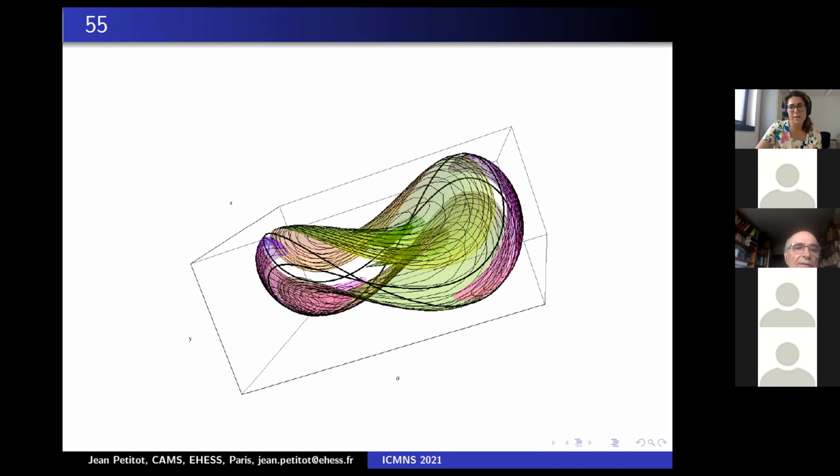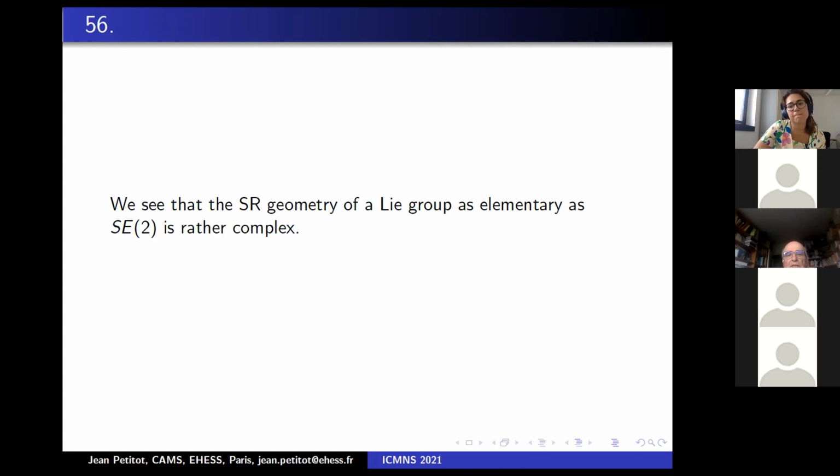Okay, and so we see that the sub-Riemannian geometry of a Lie group as elementary as SE2 is rather complex. And so my conclusion is that we need this type of geometry, contact geometry, sub-Riemannian metrics of contact structure to understand how the visual system is able to do sophisticated differential geometry with only point-like processors.